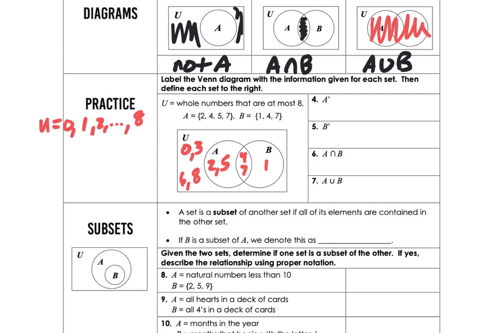Okay, so not A. Not A means it's in this set, but it's not in this circle, right? And so we're just looking at the circle here. So the numbers that we're going to use here are 0, 3, 6, 8, and 1. Typically, we will list them in order.